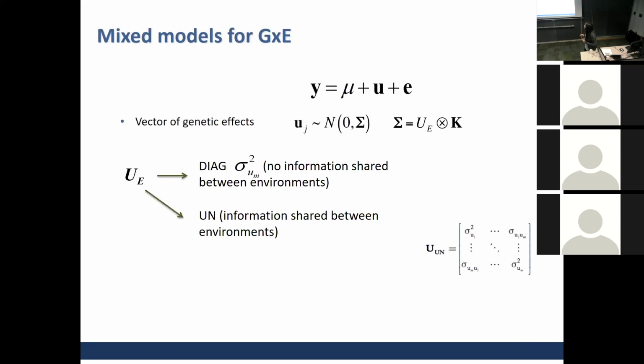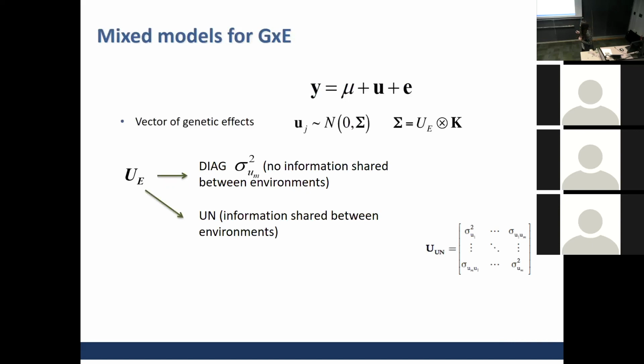And there's a lot of structures for this genetic covariance between environments. So we were focused only on two main structures, which are actually kind of opposite, the diagonal matrix and the unstructured matrix. So the diagonal matrix fits one single variance per environment, and there's no covariance between environments.